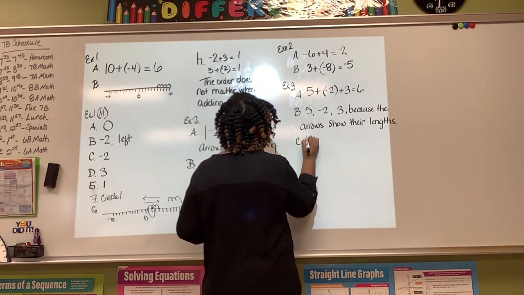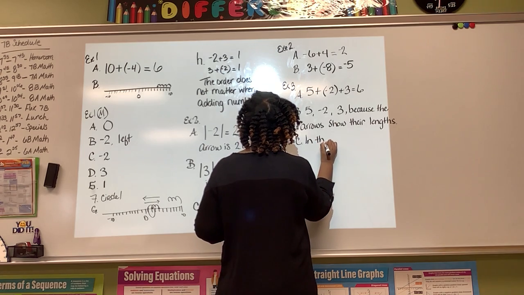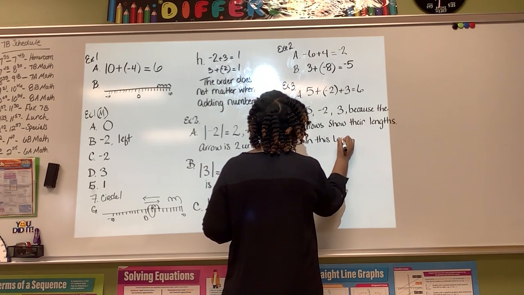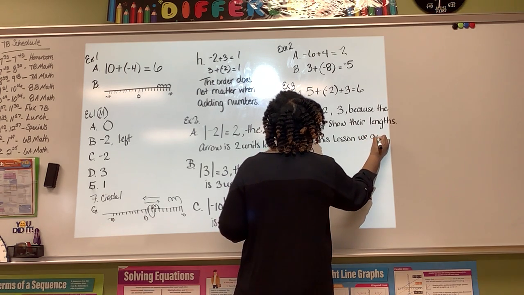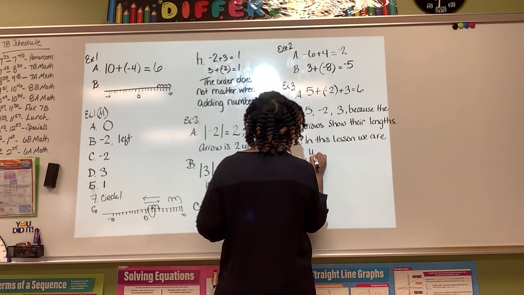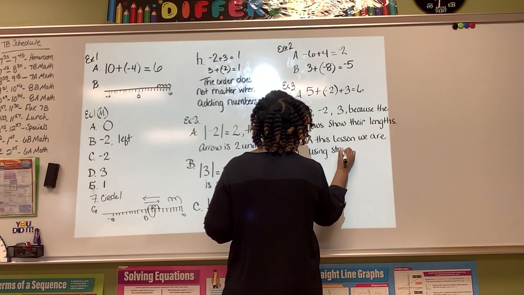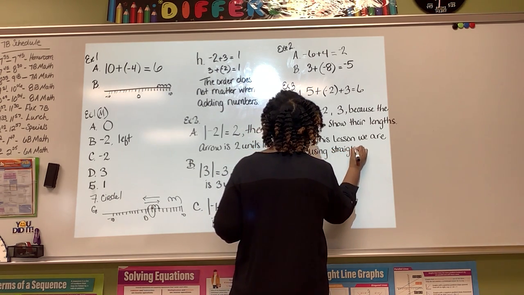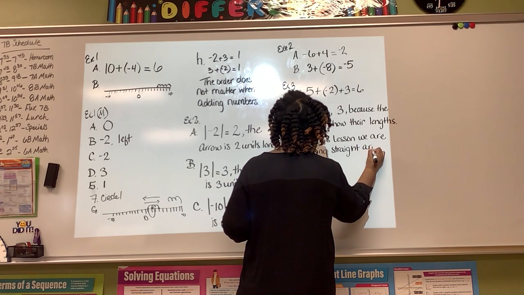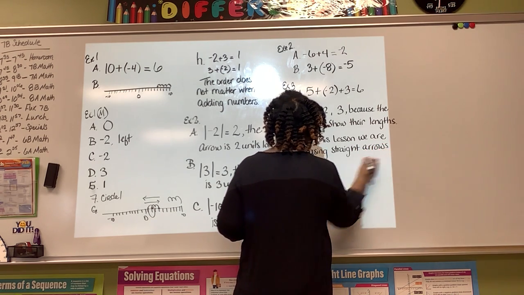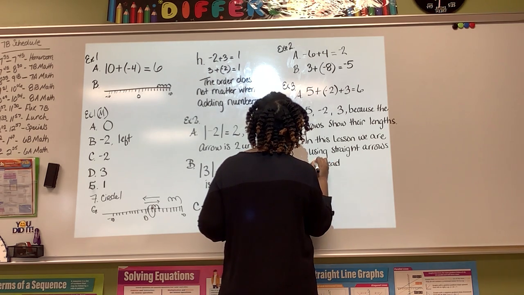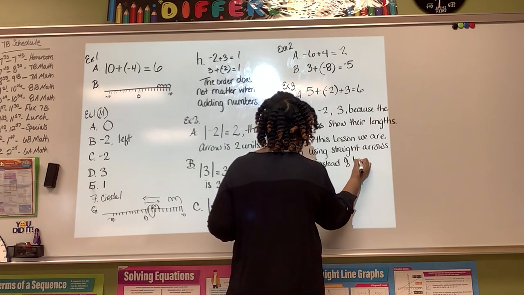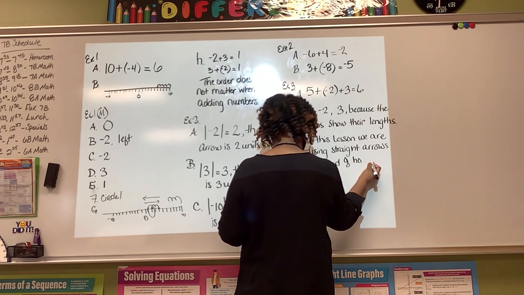It's not a trick question. We are using straight arrows instead of hops. Okay?